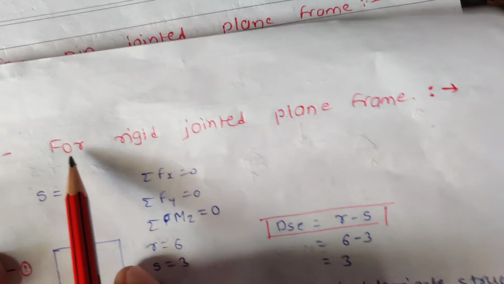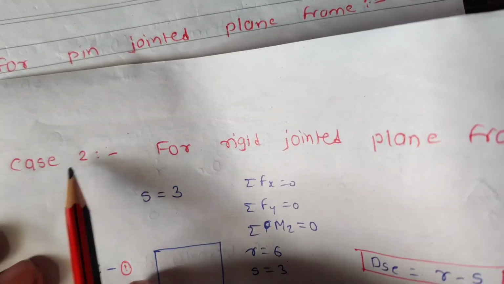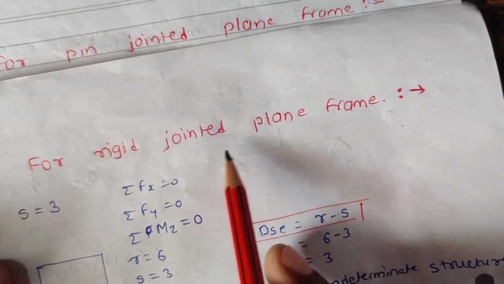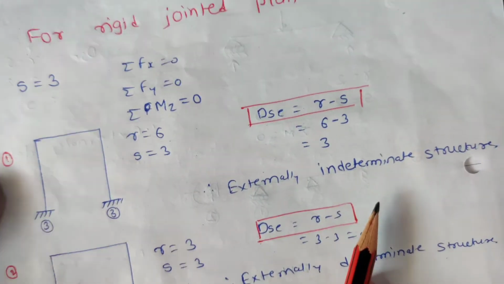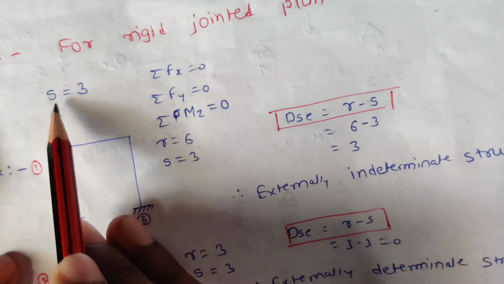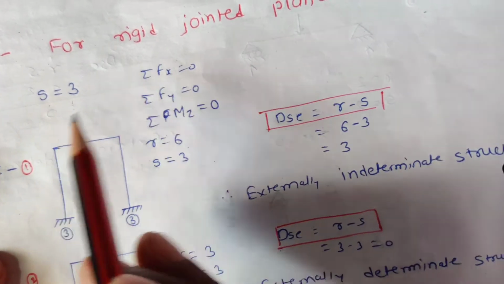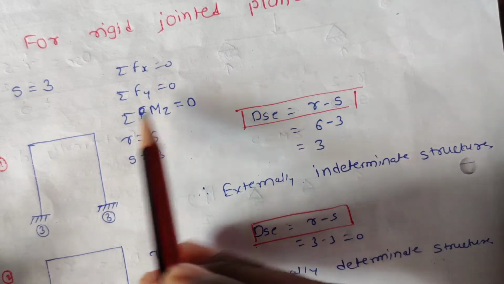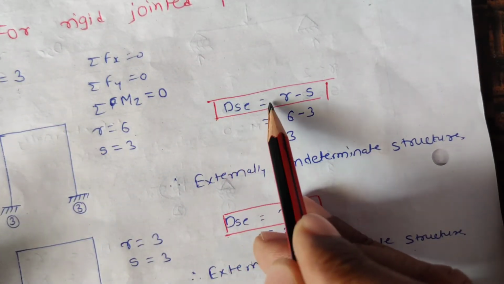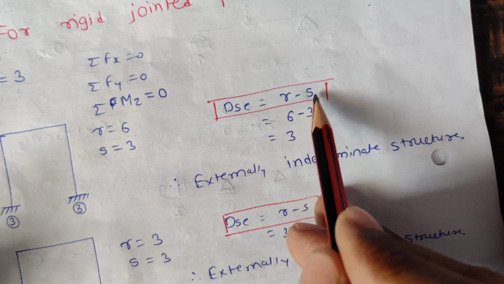Then next, case 2: rigid jointed plane frame. We know the formula is DS is equal to R minus S, and S is equal to 3 for a rigid joint, which are the Fx, Fy and Mz.